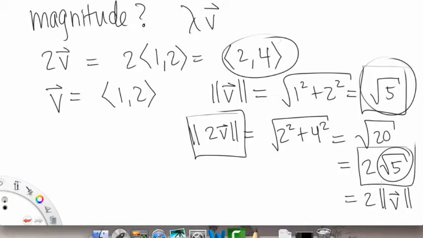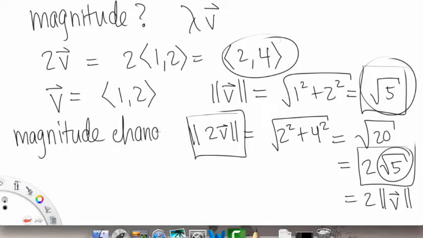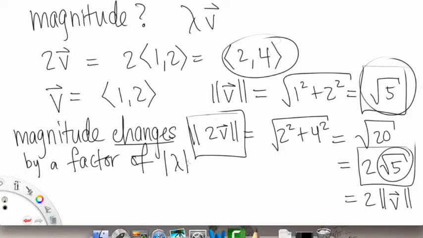So we can take this example and generalize it. I'll write a little rule here. Magnitude changes, not necessarily increases, because if your lambda is a fraction, your vector is going to get smaller in length. So magnitude changes by a factor of not lambda, but of the absolute value of lambda. For example, let's say we were to do -2v.